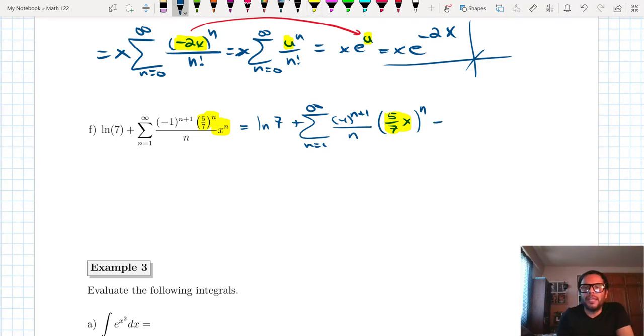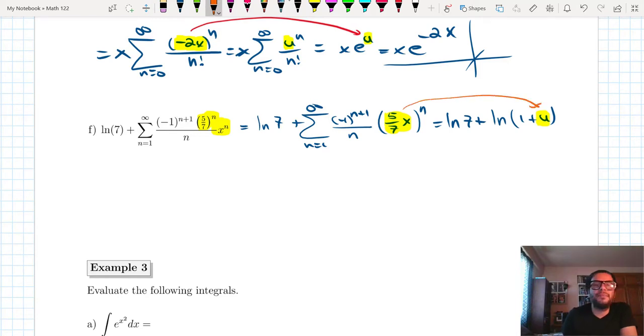So this will be ln of 7 plus ln of 1 plus u, where u will come from the number inside of the n power.